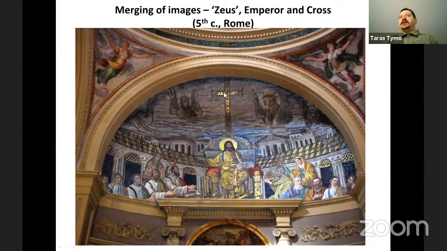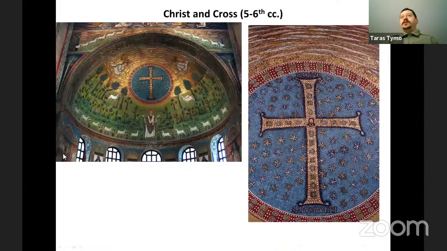But this is not just a cross, this cross is a personification of Jesus as the lamb, or the monogram of Christ was a representation of Jesus. So here in this representation, we have Jesus presented twice, as a human person and as a symbol of the cross.